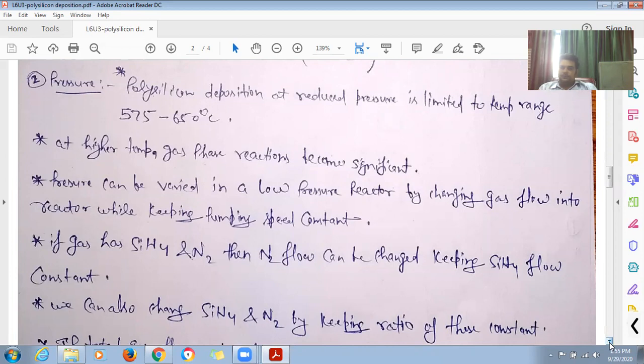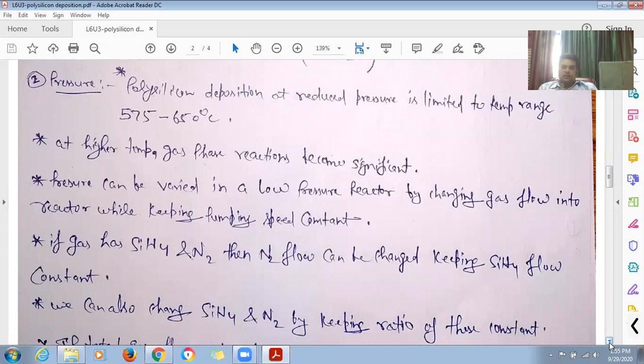So by keeping the silane flow constant and changing the flow of nitrogen, we can also change the pressure. Another thing is that we can change the flow of both components, SiH4 and nitrogen, while keeping the ratio of these constant. This is another method.